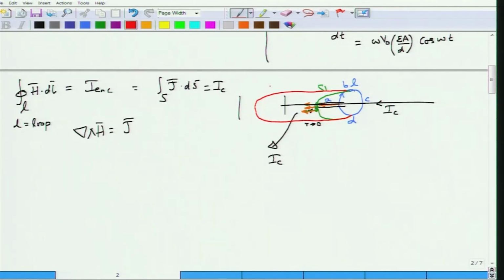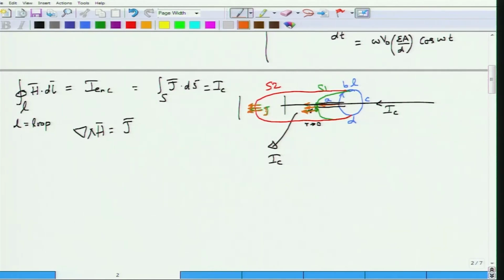Let us call this surface S2, and now I want to find out what the current density vector is here. Assume that this current density vector is uniform and very concentrated, just at the point where the surface cuts through the current density vector J.